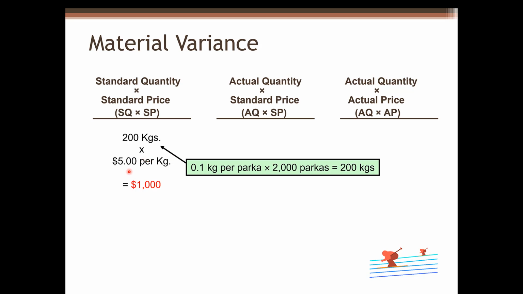Standard price for each kilogram, $5. So for column 1, 200 kilograms multiplied by $5 per kilogram, and then we can get $1,000. This is a flexible budget cost based on actual level of activity, 2,000 parkas.